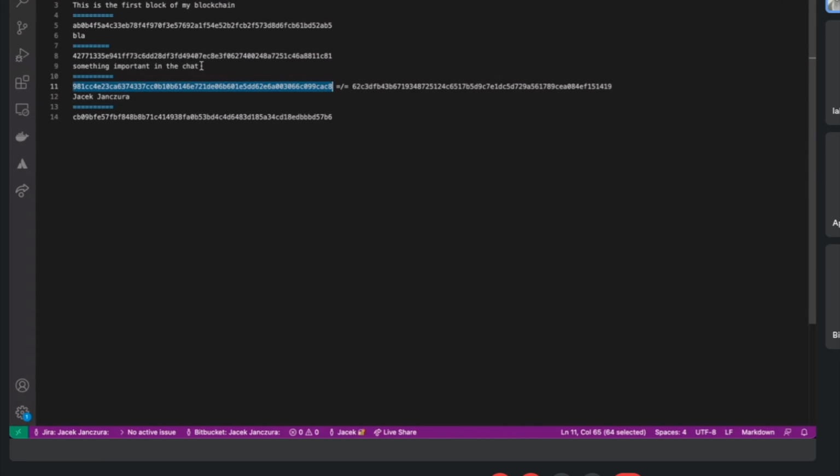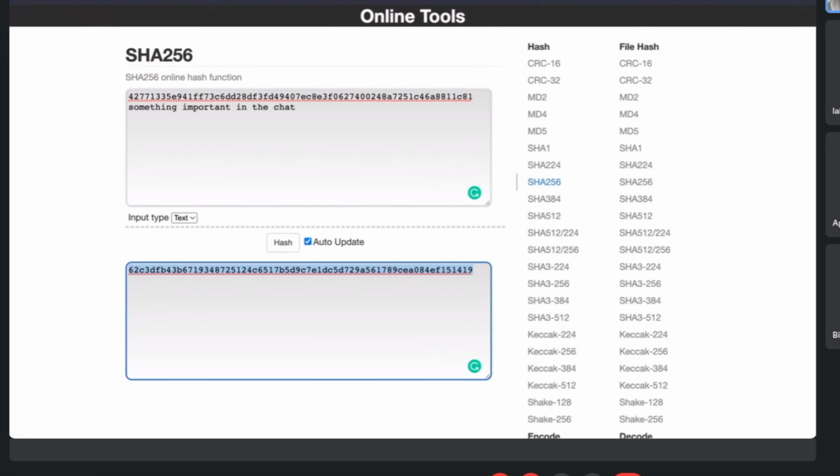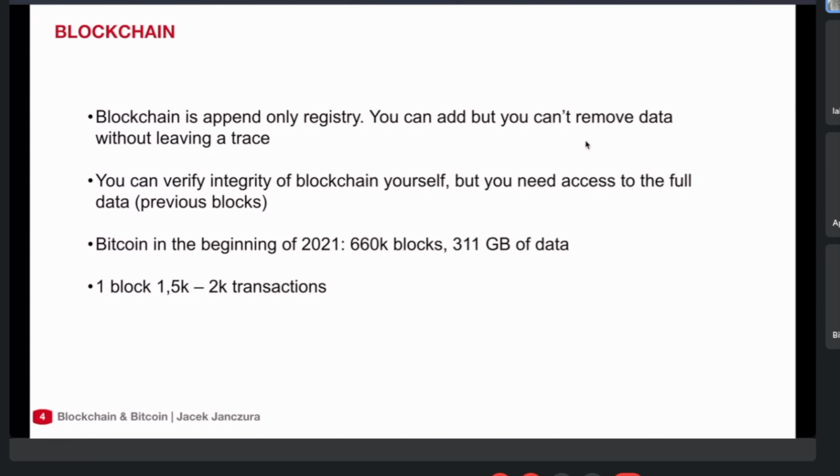So it's super easy to detect the trace when someone corrupted the data, and it's not possible to modify a blockchain without rewriting the whole previous blocks.